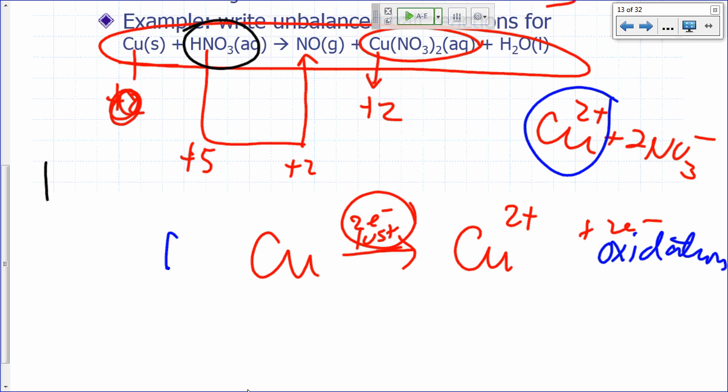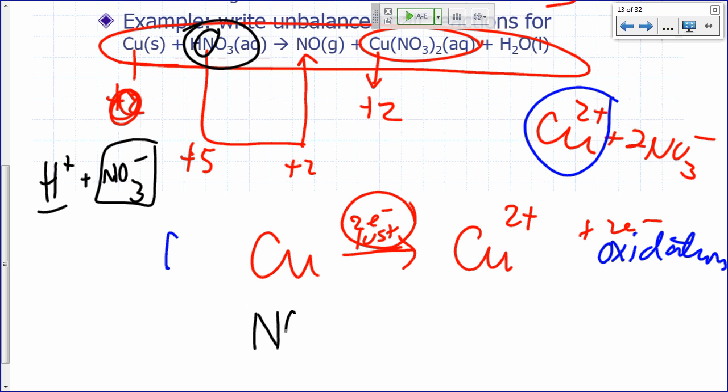But H plus is not involved in the redox. It's just the nitrogen that's reduced. So the only species that we write when we write our half reaction is NO3 minus, at least at the outset. We'll find later that we're going to have to add back that H plus, but we just write the species as a first step.